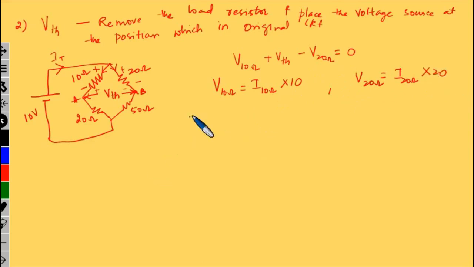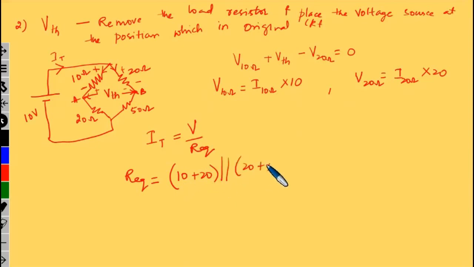As this circuit is a parallel combination, let us find the total current IT, that is V divided by R equivalent. What is R equivalent? It is 10 plus 20, because they are in series, in parallel with 20 plus 50, which are also in series.